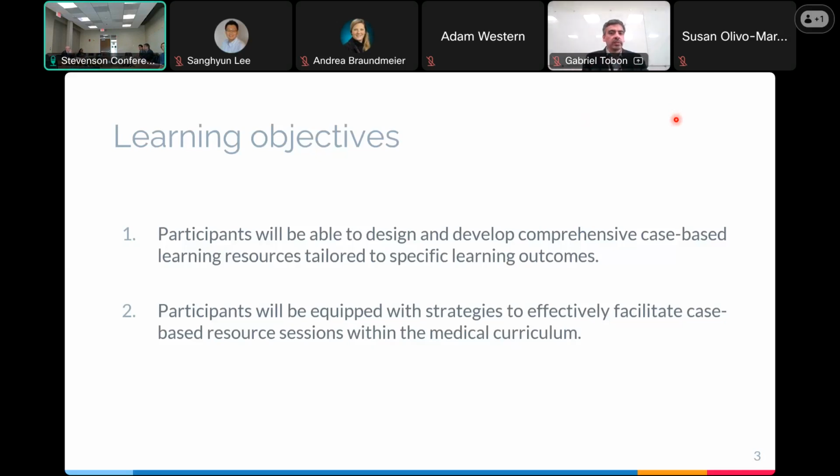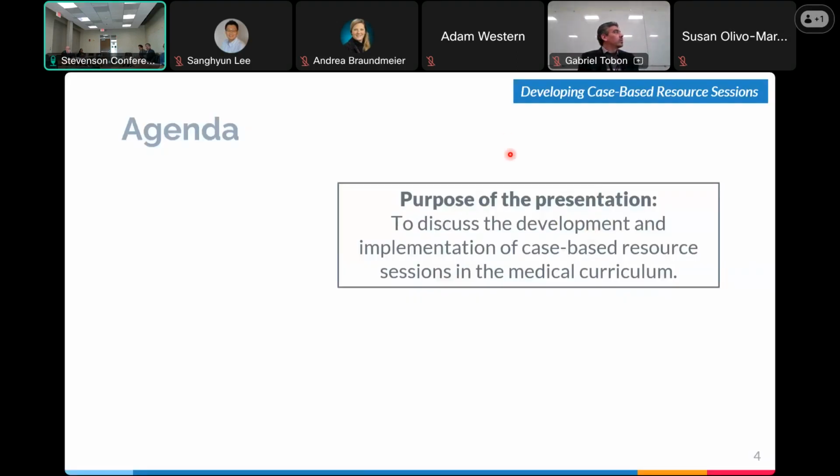So here, the idea is to be able to design and develop case-based learning sessions with specific outcomes, and also give you strategies to incorporate this kind of resource session in the medical curriculum. We will discuss the development and implementation of case-based resource sessions that can be used for year 1, year 2, and even for clinical practice.